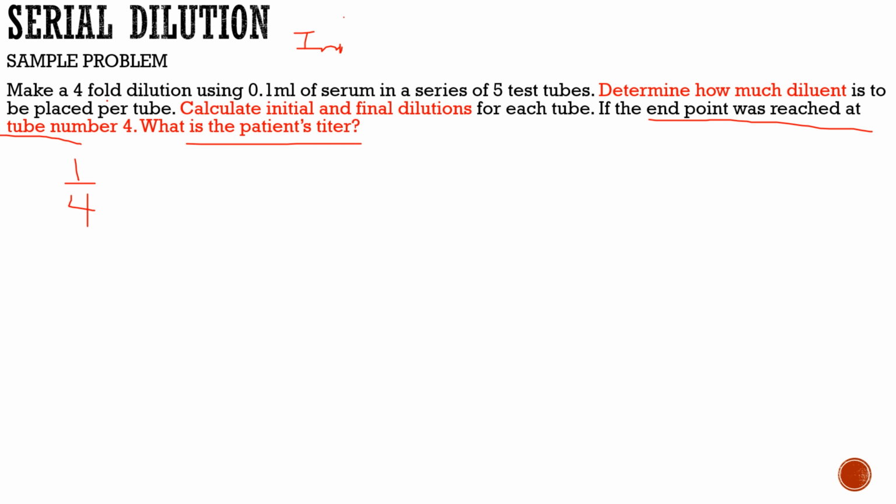Bakit 1 is to 4? Kasi nga 4-fold. And how many tubes? Using 5 test tubes. So you already have your answer, class, for the initial dilution. Ang initial dilution nyo on all tubes is 1 is to 4. Next, you identify the diluent.